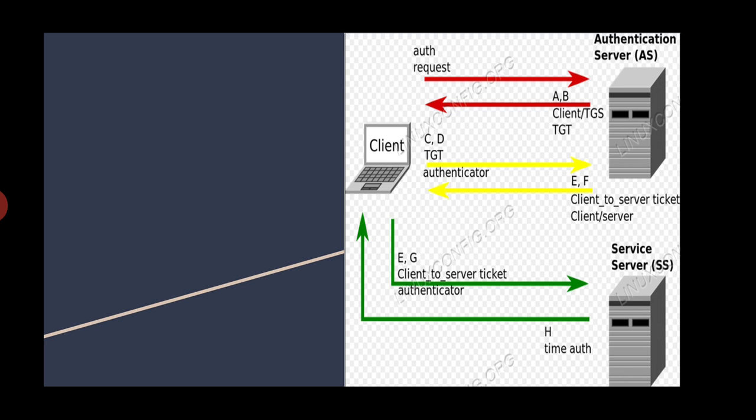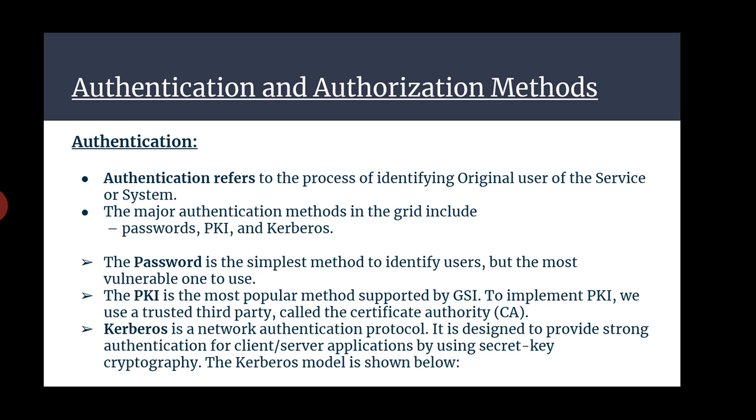The certificate consists of the username, the user public key, the authority name, and the secret signature of the user. This is the concept of the authentication and authorization method.